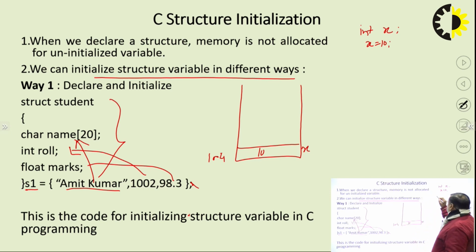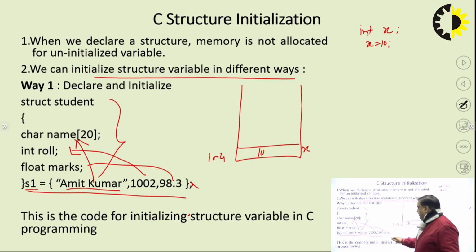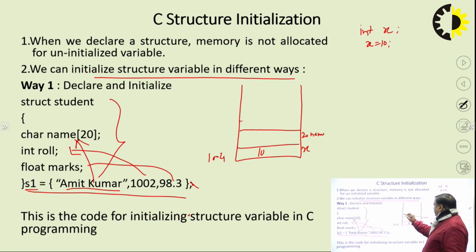Now when we declare a variable like this one, s1 is declared, so s1 will be given memory. What does it require? It requires 20 bytes for name, 4 bytes for roll number, and 4 bytes for marks.